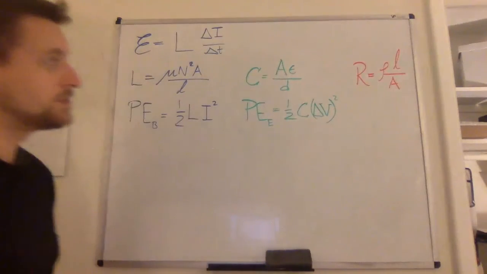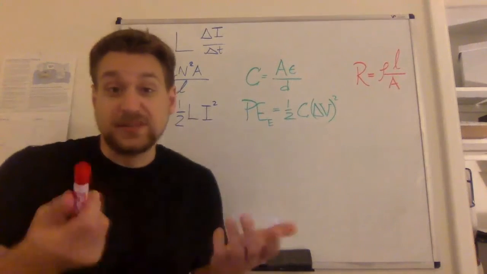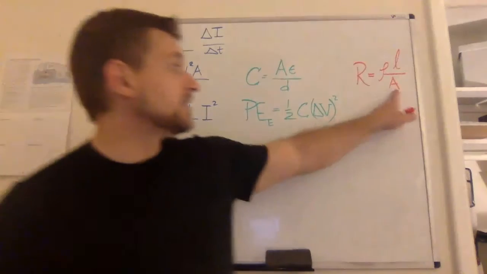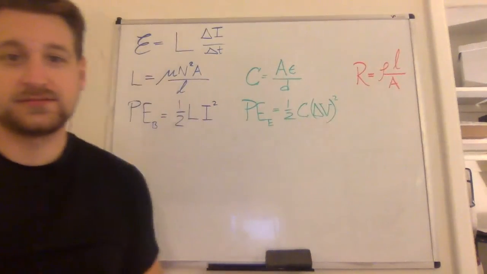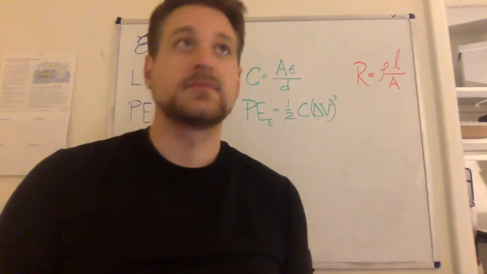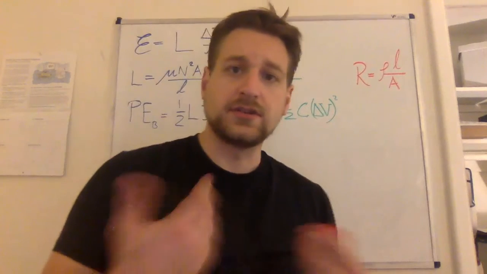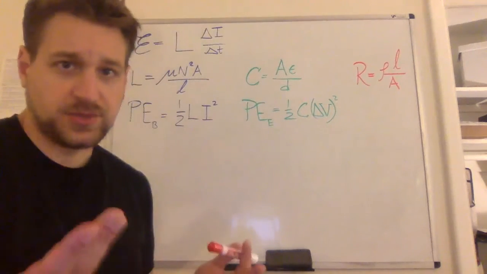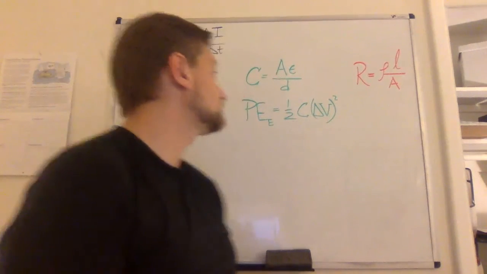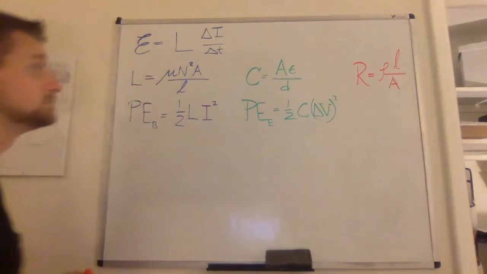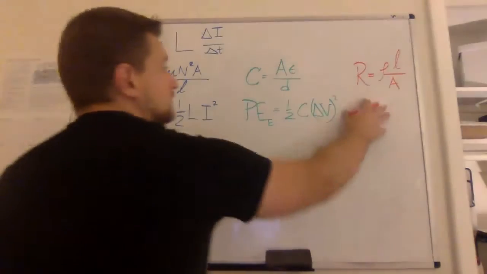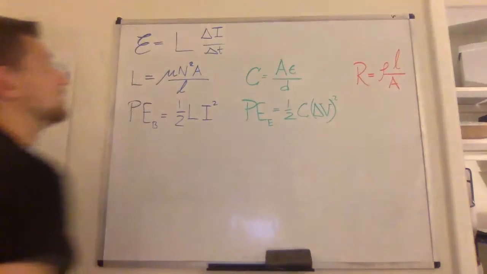The length of the wire or the element, the cross-sectional area, it also depends on its geometry. We can't store any energy in a resistor. The only thing we can do is dissipate. So I'm not going to put anything here.